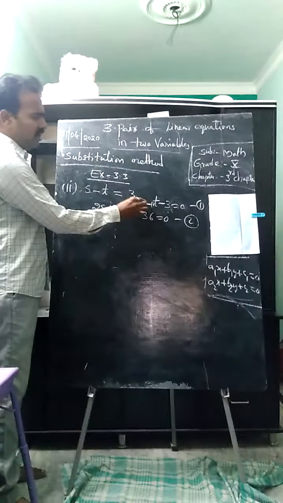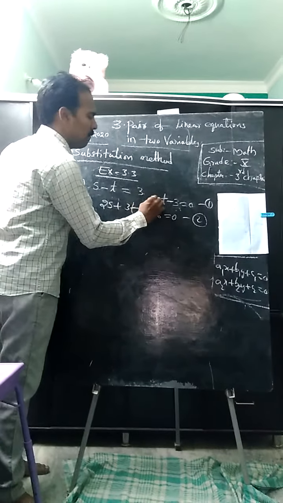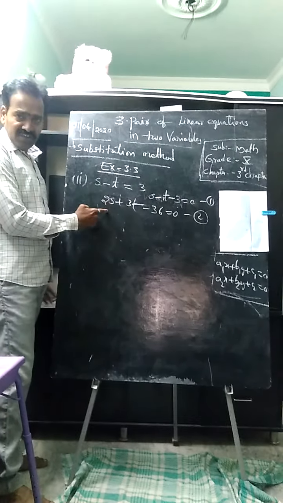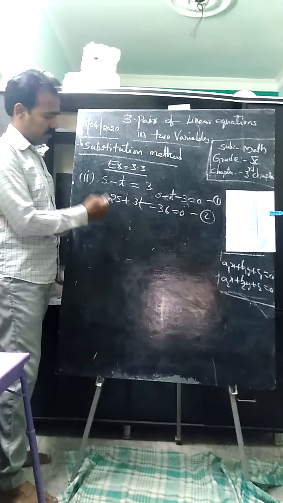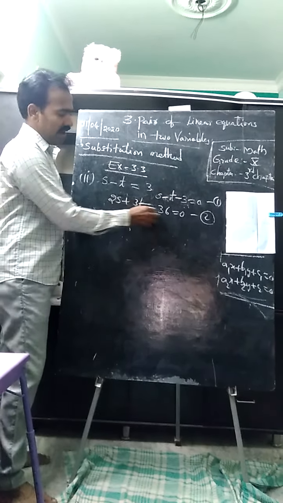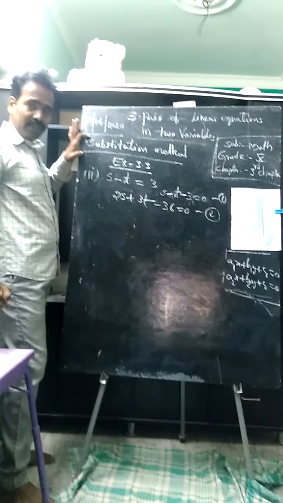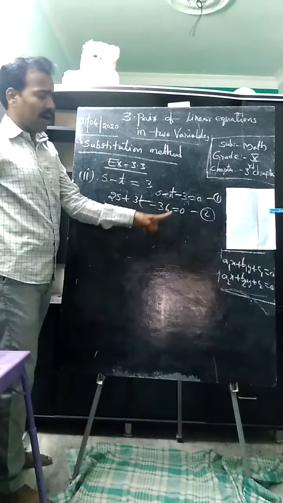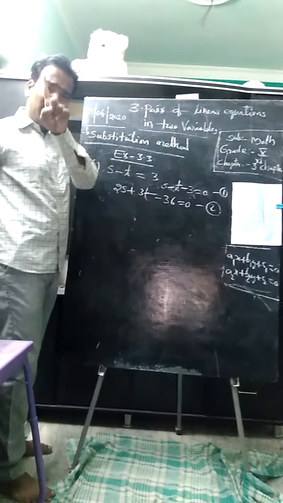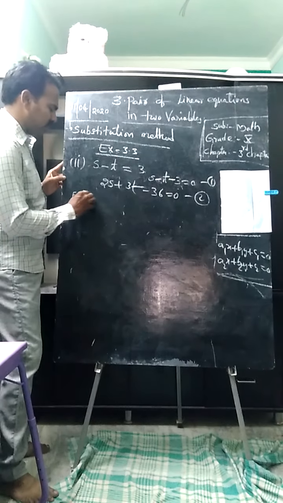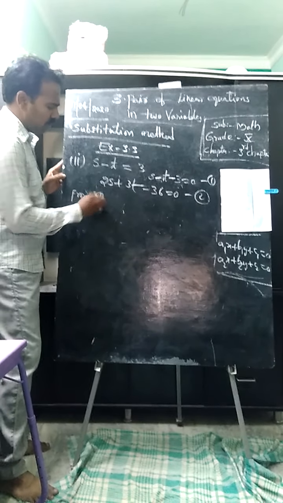So as we know, equation 1 is s minus t minus 3 equal to 0. Equation 2, after simplifying, students, is 2s plus 3t minus 36 equal to 0. Now while applying this substitution method, either from 1 or 2, you make one variable the subject. I am taking from 1, but there is no rule to take from 1 only.